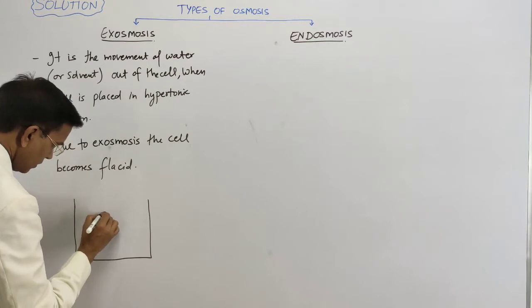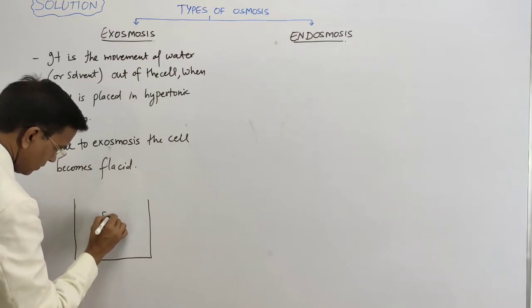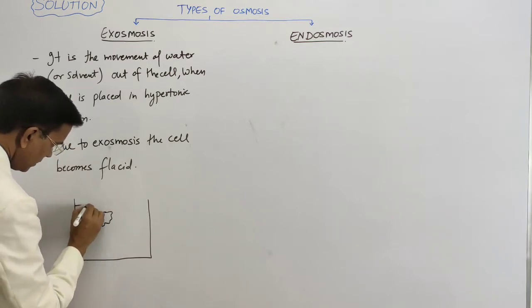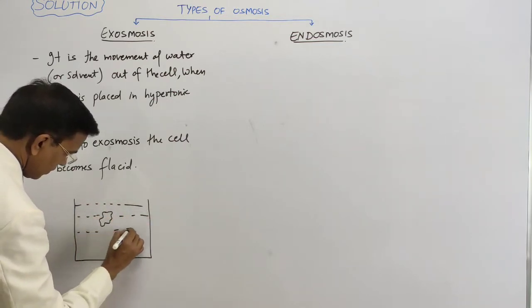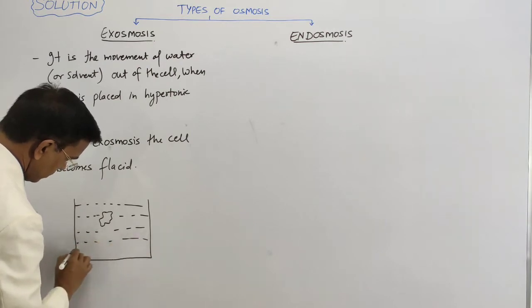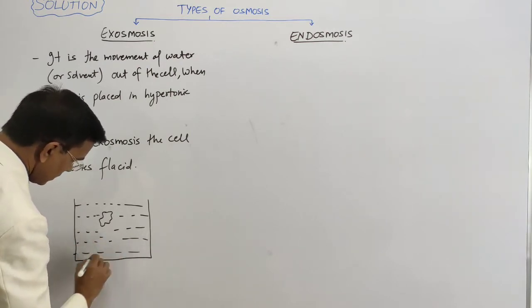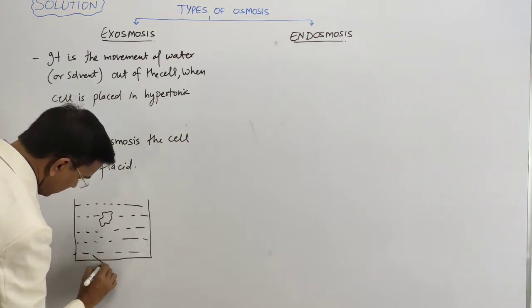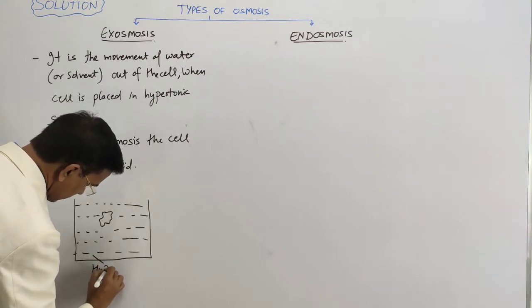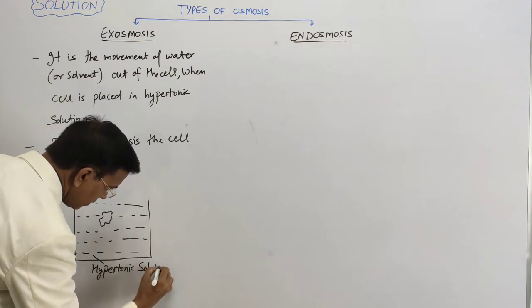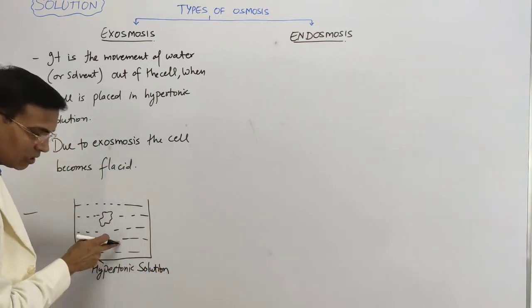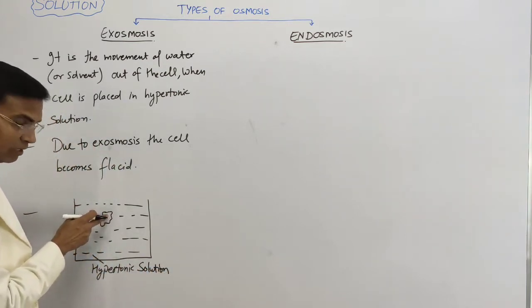suppose here is a hypertonic solution. This is the hypertonic solution. Solution means more concentration is there and less concentration in the cell.